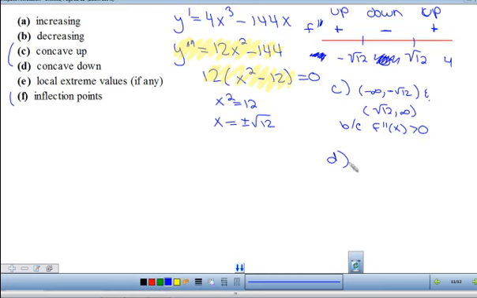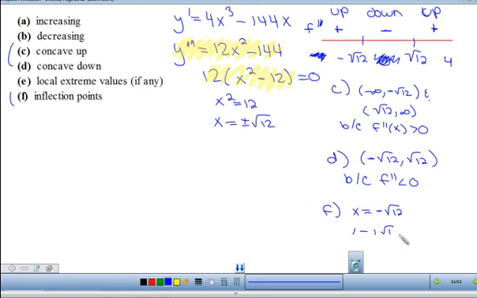Part D is concave down from negative square root of 12 to the square root of 12, because the second derivative is negative. In part F, x equals negative square root of 12 and x equals positive square root of 12 are points of inflection.